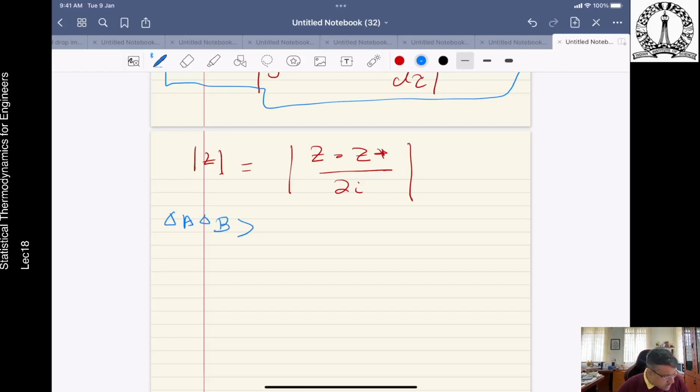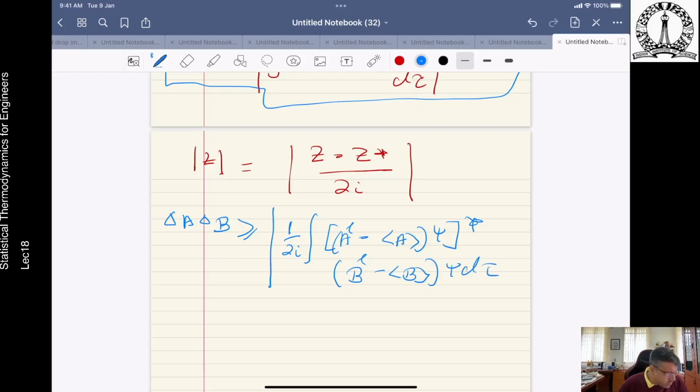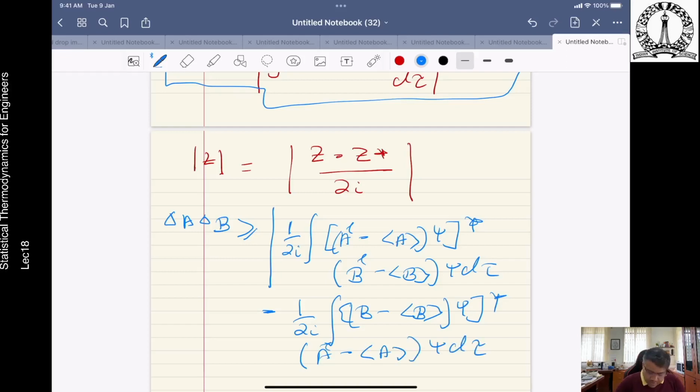So delta A into delta B must be greater than or equal to 1 over 2i, put a bracket here, the integral of A hat times B hat, minus the integral of B hat star over 2i, and then put a modulus here.